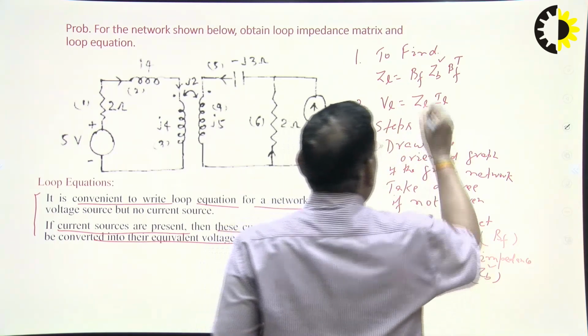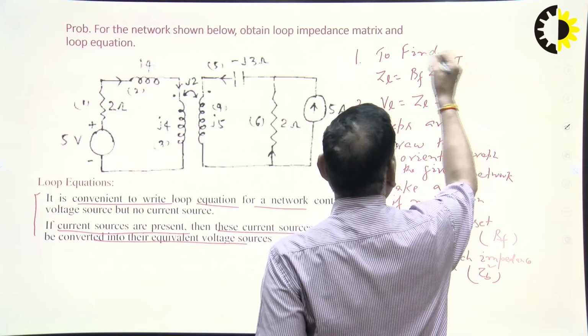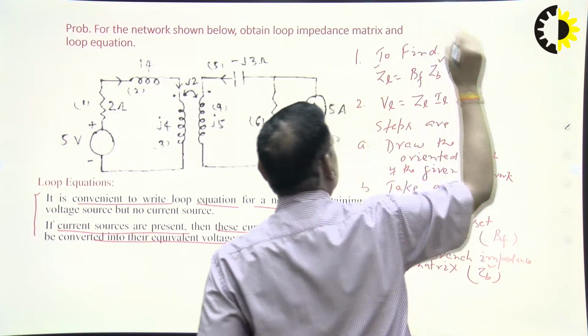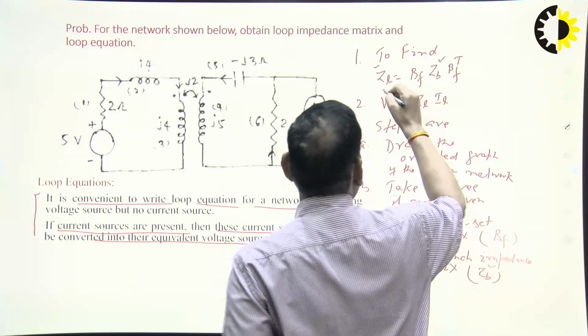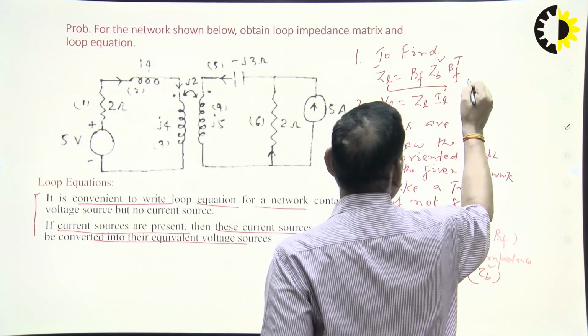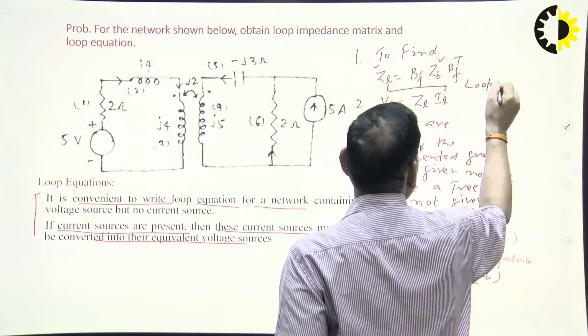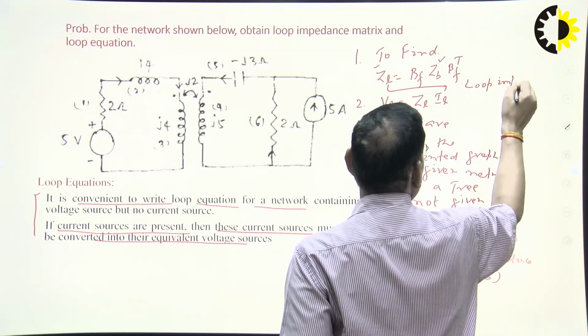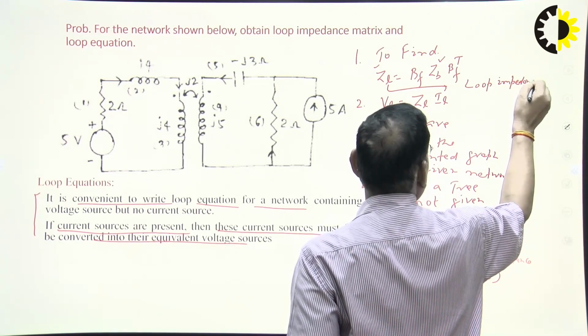The multiplication of these three matrices gives ZL, the loop impedance matrix.